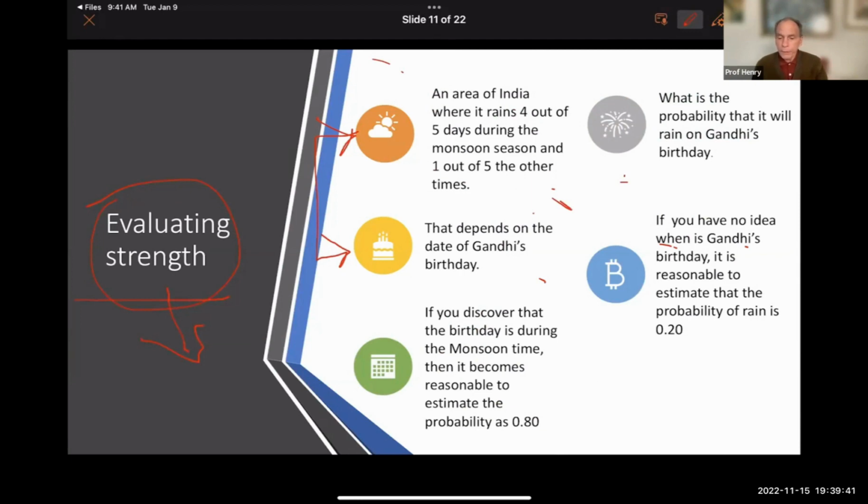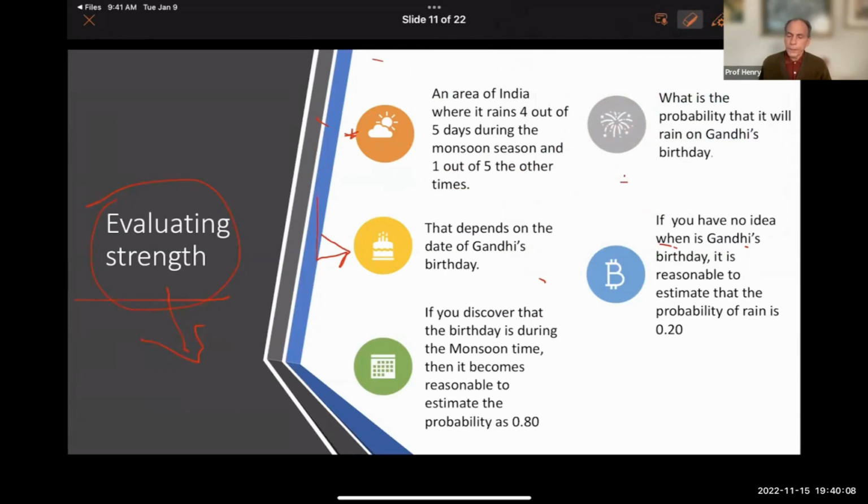We have 4 out of 5 times during the monsoon, and 1 out of 5 the other times. So let's say you're just given: what's the likelihood that it's going to rain today?